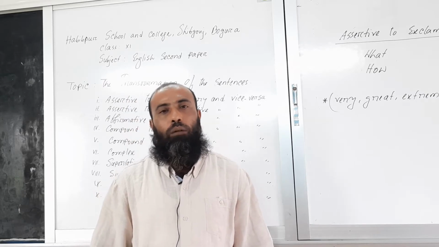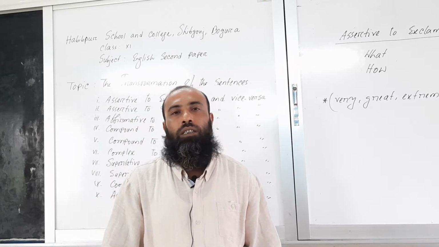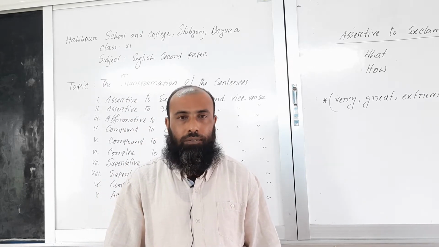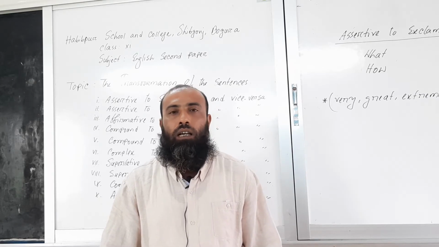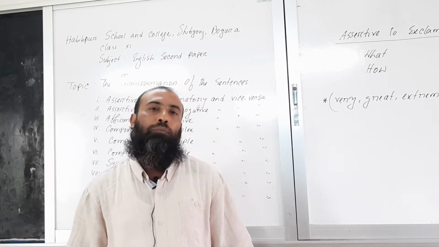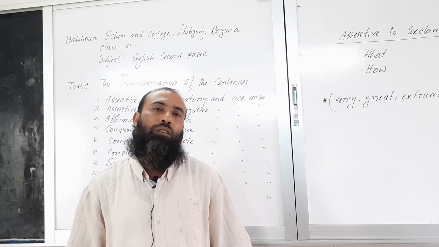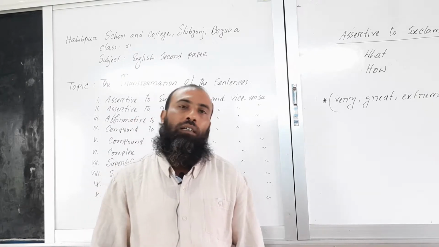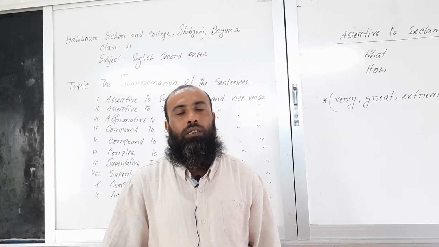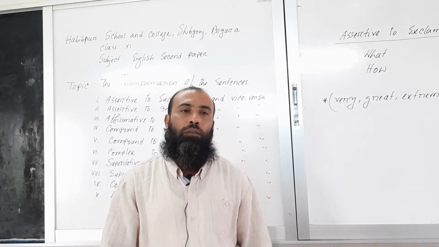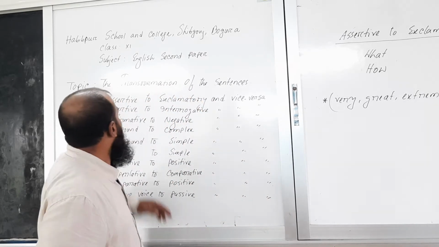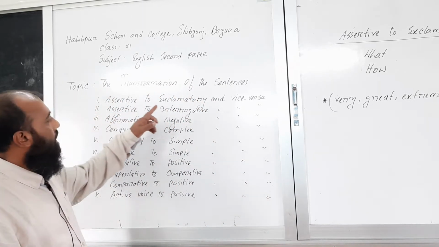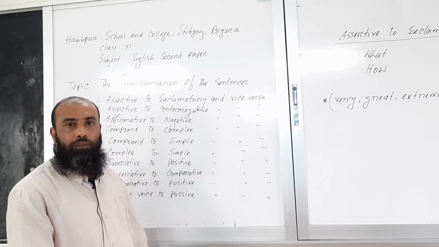Today, I am going to discuss the transformation of sentences. In this item, you have to know certain specific items. That is, the transformation of sentence covers several items like number 1, assertive to exclamatory and vice versa.